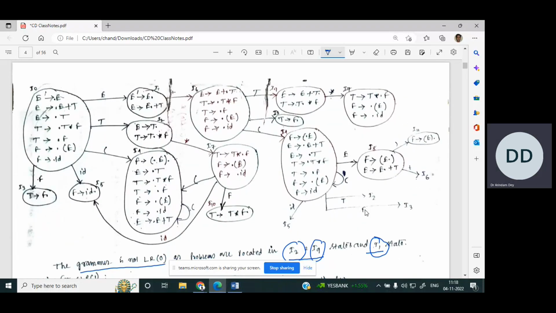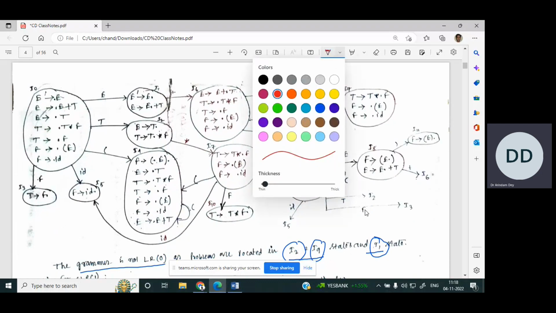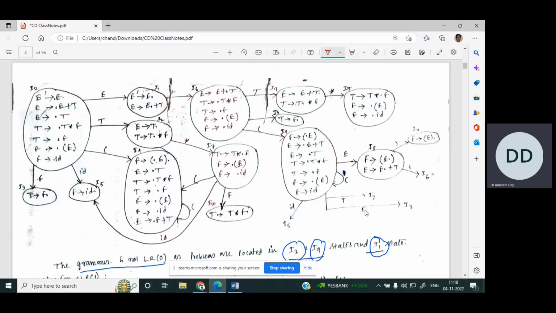So let us check the I2 state. Yes, there is the I2 state, this one. Let me mark in red. Here in the I2 state, in this part you check that here this is reduced and here this is shifting. So here the conflict is an SR conflict. Then I9, this is I8, where is I9, this is I9. Here also this is reduced, T dot, and here it is shifting.